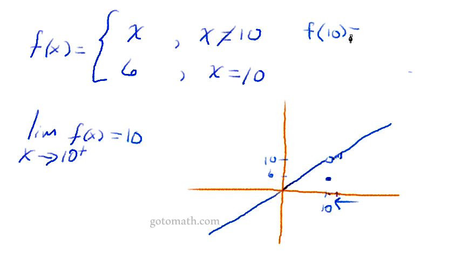First off, f of 10 is actually 6, and that's where this comes from down here. And the limit as x approaches 10 of f of x is actually 10, but you notice these two numbers must be the same, and they're not. Therefore, it's not continuous at 10.